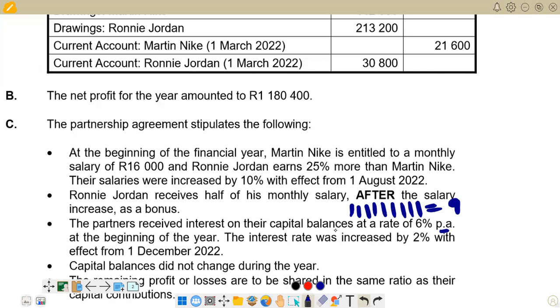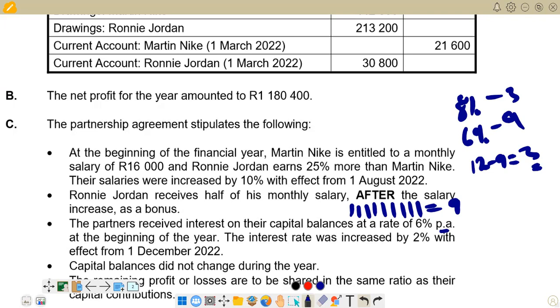After it increased, we have 12 minus 9, which is 3 months. Then the rate was 6 plus 2, which is 8% now. So 8% is for 3 months, and 6% represents 9 months. We can make our calculations according to that.